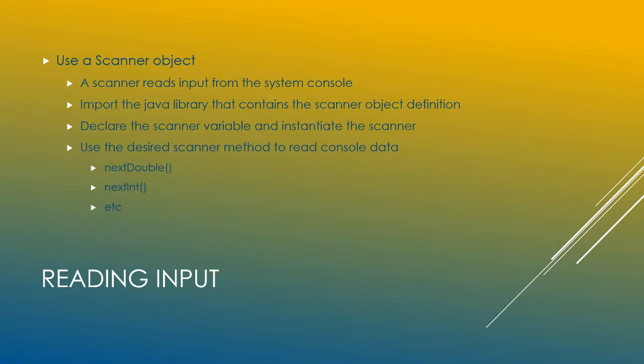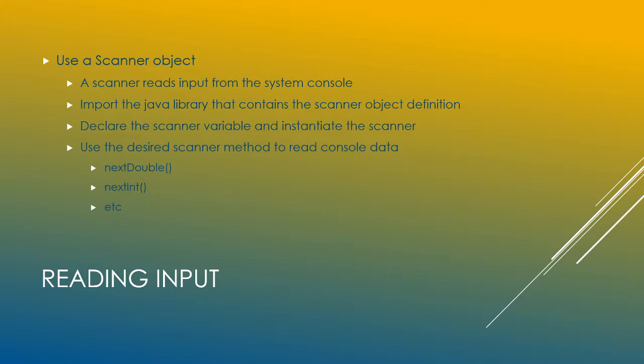In Chapter 2, you'll see they're going to show you how to work with a Scanner object. And a Scanner object is just simply a Java object, some program code that knows how to read input from the system console. So we're going to use that Scanner object ourselves. We're going to have to import the Java library that contains that object code for the Scanner.